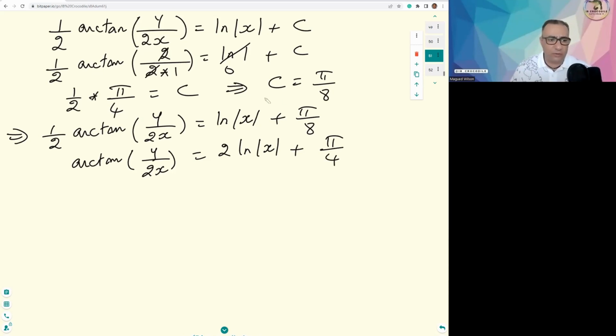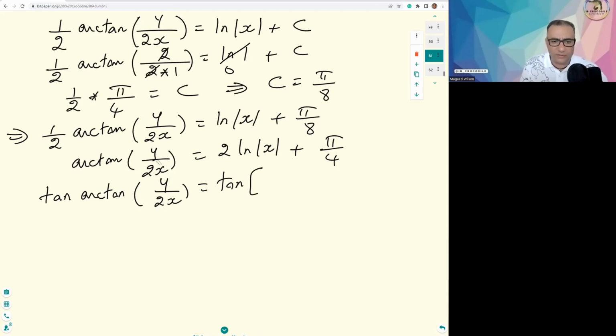Now, in order to get rid of arctan, because I need y only, you can take tan of both sides, right? Tan of arctan, because it's the inverse function, so tan of arctan y over 2x is tan of 2 ln x plus pi over 4.